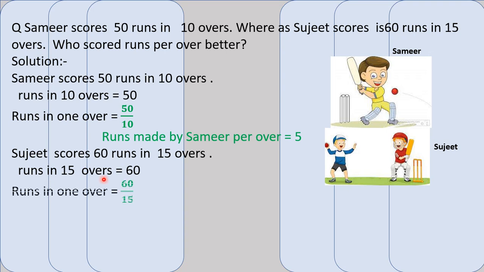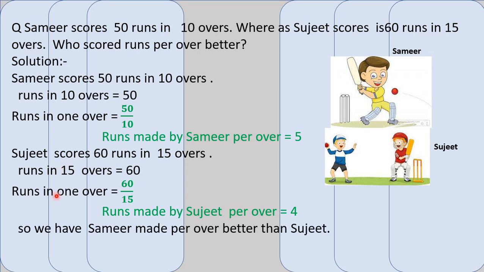By the unitary method we can write it as 60 upon 15 is the run scored in 1 over. Now when we simplify this, 15 ones are 15 and 15 fours are 60. So we get the run made by Sujit per over is equal to 4. Now observe this. Run by Sameer per over is 5 and run made by Sujit per over is 4. So here which is less? Yes, 4 is less than 5. So 4 is the score for Sujit.